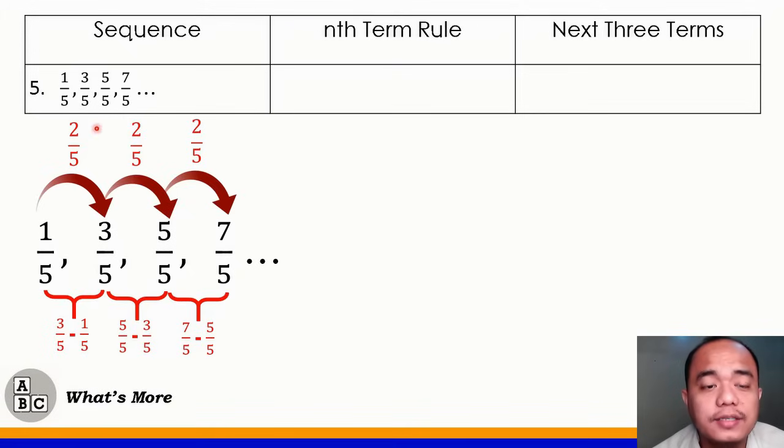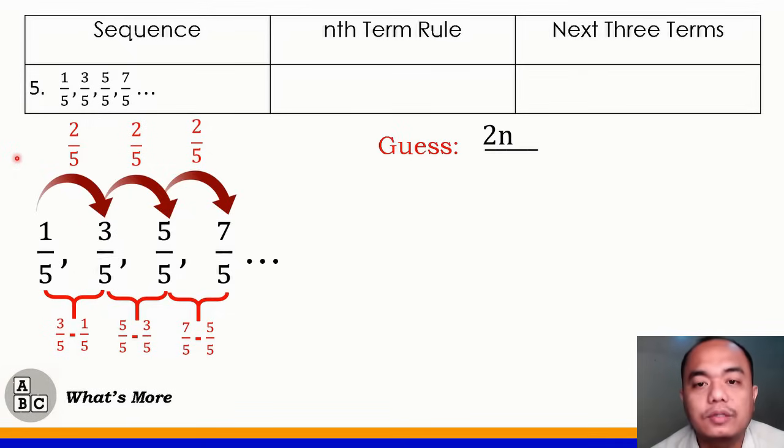But then, our common difference here is not similar to our first term. So there is something to write aside from 2n divided by 5. Okay? So we have here 2n over 5 as our nth term. But since our common difference is not equal to the first term, expect that there is another number to put here, not just 2n divided by 5.